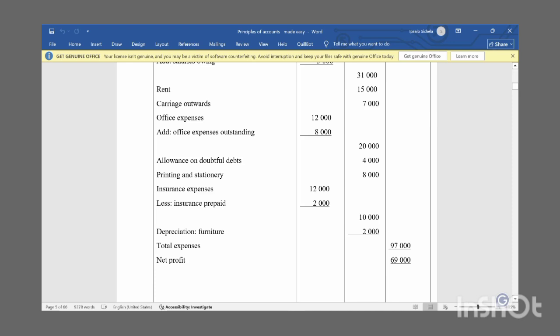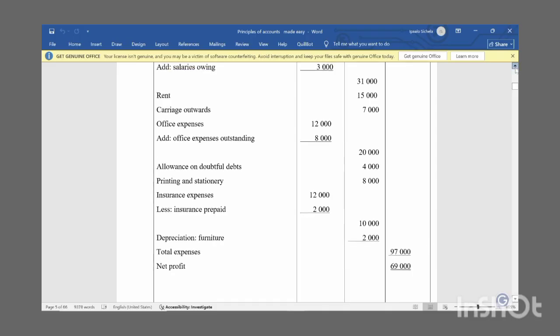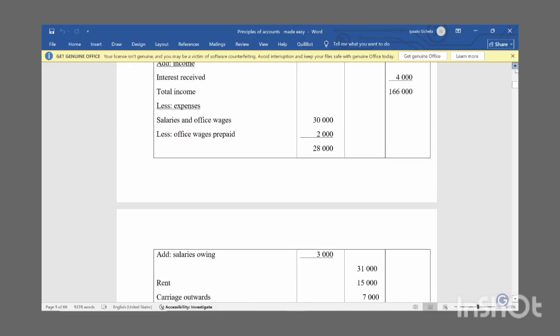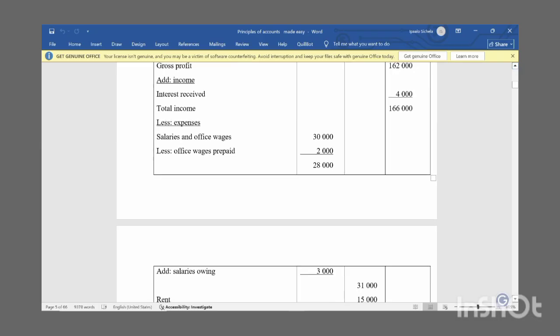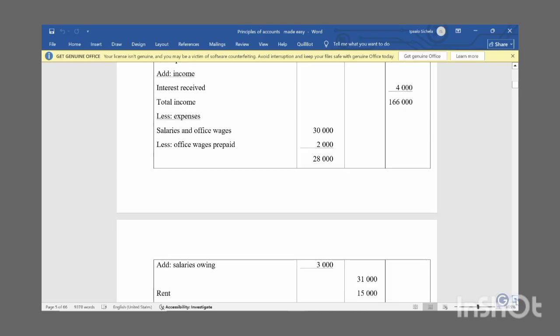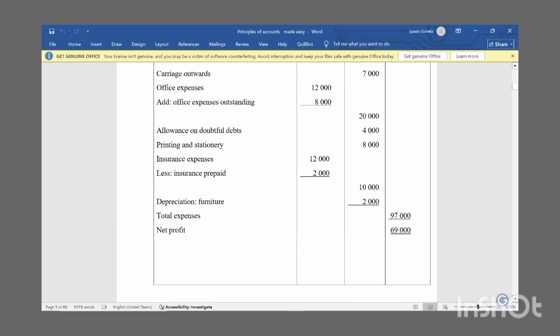Then we'll add all the expenses, and what we'll get is the total expenses, which will be 97,000. This 97,000 will be subtracted from the total income, which is 166,000. Then what will we get? Whatever we get will be our net profit, which is 69,000. Then you're done with the income statement or trading profit and loss account.